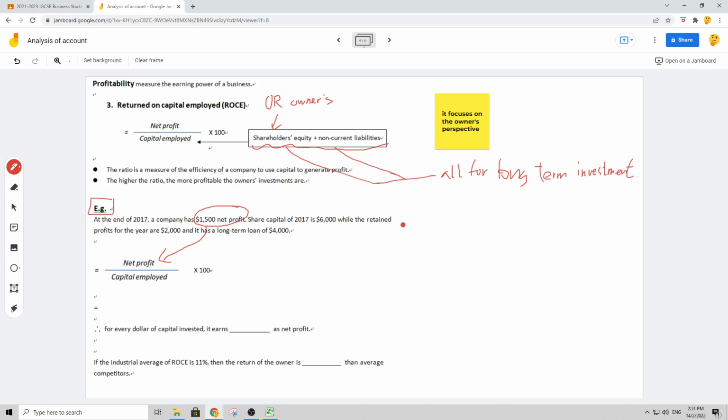So, if you are looking at this, can you tell me, based on this question, how much is the capital employed? Can you tell us?